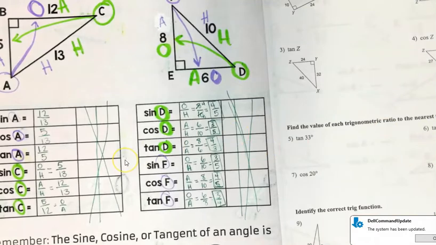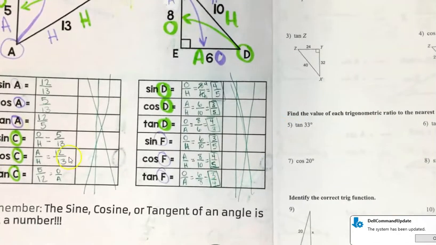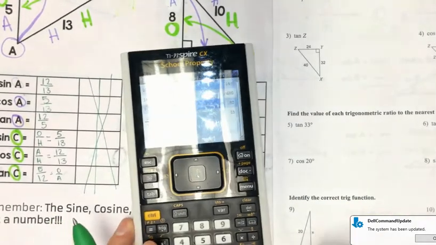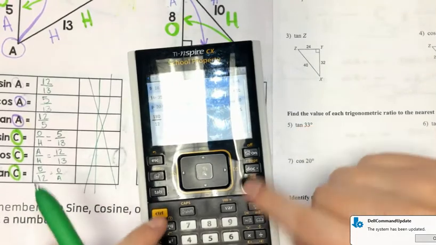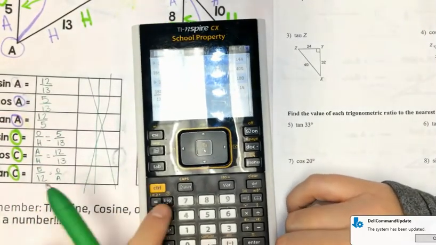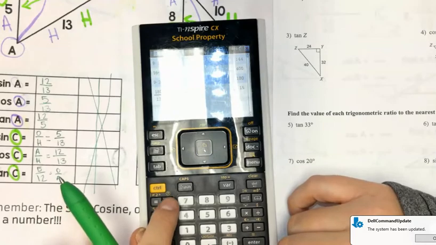All right, we're going to skip over here and look at number 5 from the assignment. So we're going to do that real quick. I have a calculator, which if you don't have one of these calculators, that's okay. You should still be able to find these trig values on your phone. But to find them on the calculator, this button right here says trig.